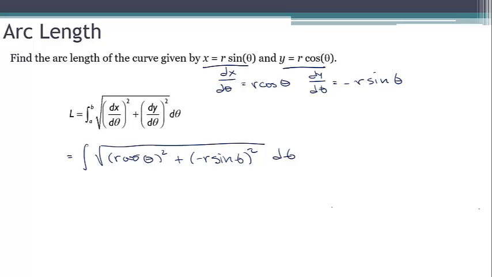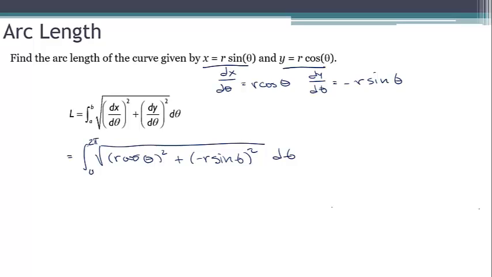And we want a full circle, so we'll integrate from 0 all the way to 2π. Now, nothing in our formula ever becomes negative. No part of the integrand does. So we don't need to worry about the kind of canceling that we had to worry about in our original area example.